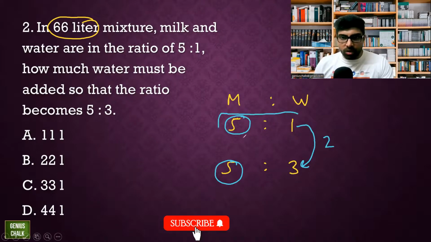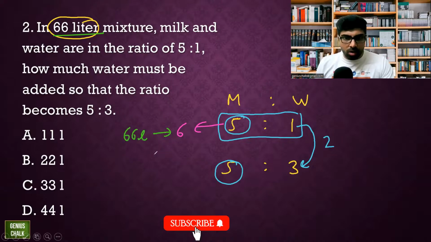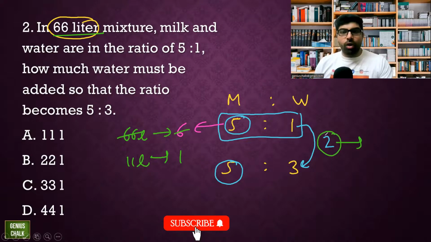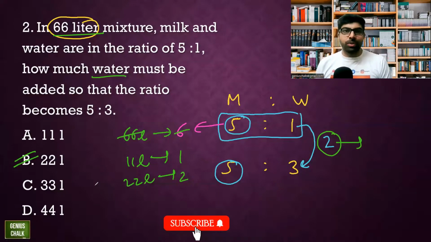That means what was the earlier total unit? It was 6, and 6 units is equal to 66 liters. So 1 unit is equal to 11 liters. We are adding 2 units of water, right? This is asked, how much water. So 2 units will be 11 into 2, that is 22 liter. Option B has to be the answer, right?